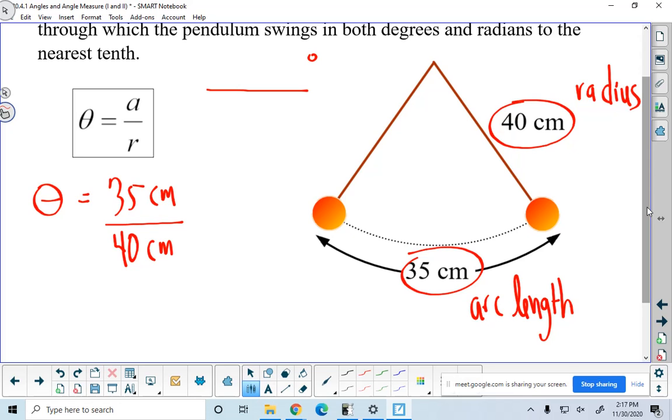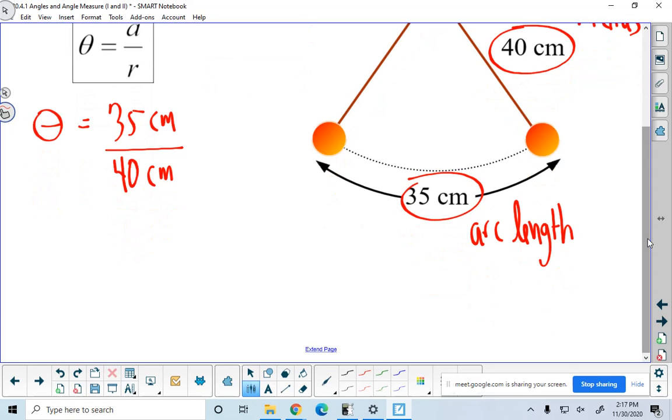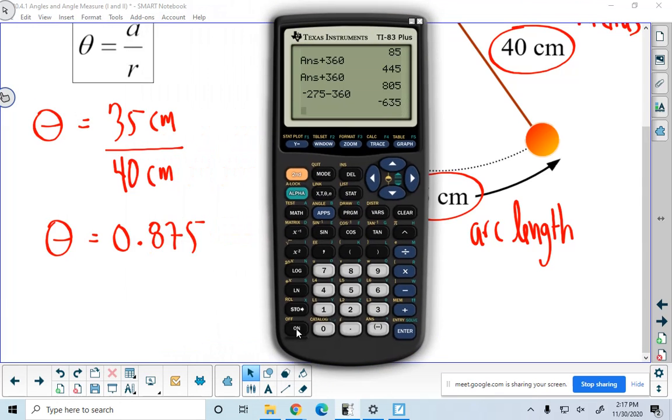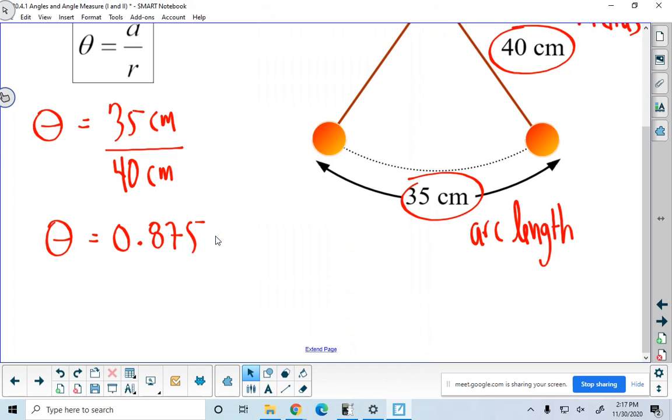So now we divide that, you get 35 divided by 40. I know that one, that's 0.875, but I will just confirm to make sure. What do we have, 35 over 40? Yeah. So it's 0.875, and that answer is in radians.